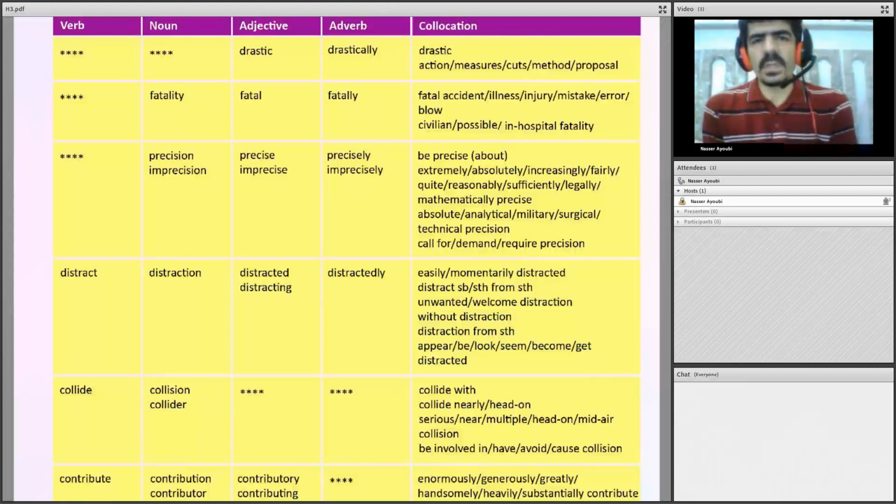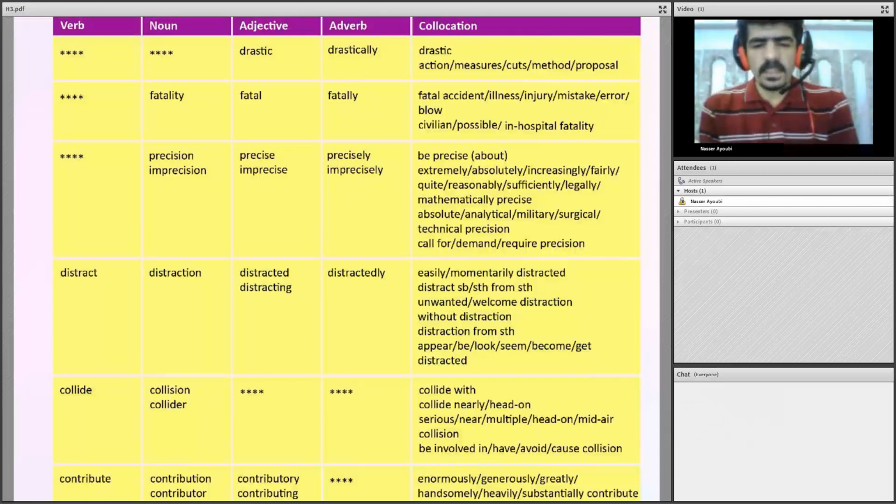Precision, the stress is on the second syllable, and it is the same in imprecision. So, precision means accuracy, the quality of being exact. Imprecision is just the opposite.